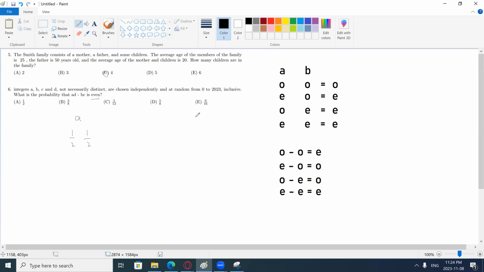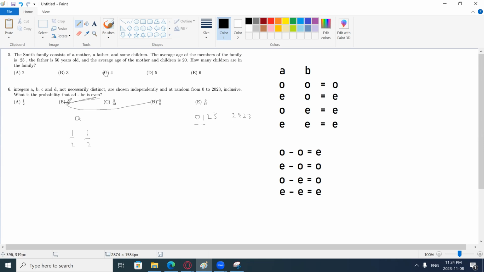It starts at 0, which is an even number, and it ends at 2023, which is an odd number. So for every even number, you'll get an odd number. And that applies to 2022 and 2023. So now we got that out of the way.